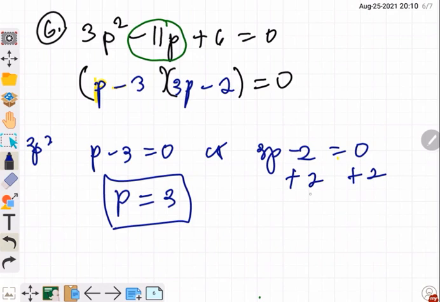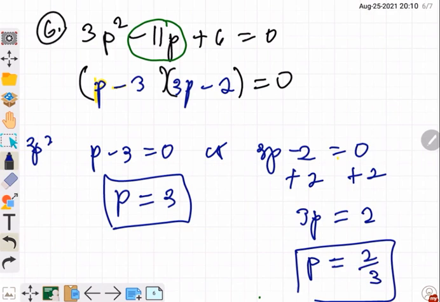So the negative 2 and positive 2 become 0. So we are left on the left side with 3p. And on the other side, 0 plus 2 is 2. Okay. So 3p, all 3p's, they are all sharing 2 units. Therefore, each p will have 2/3. That is our solution for this.